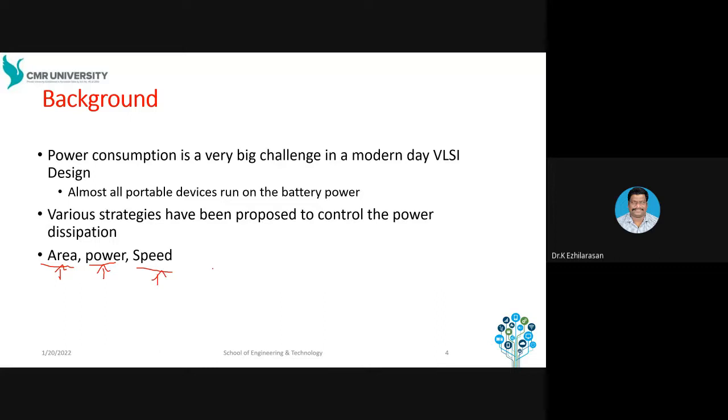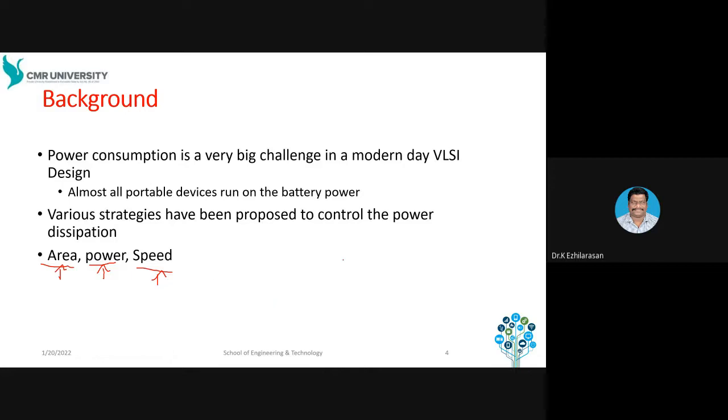But if you are going to design an IC, you cannot satisfy all three factors. Say you are going to design a simple electronic device.